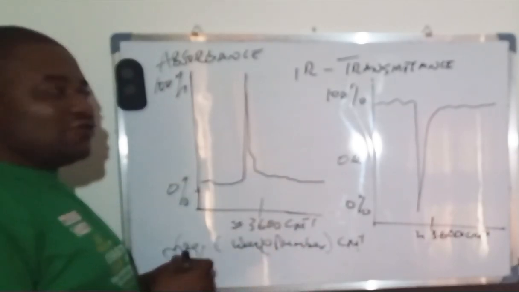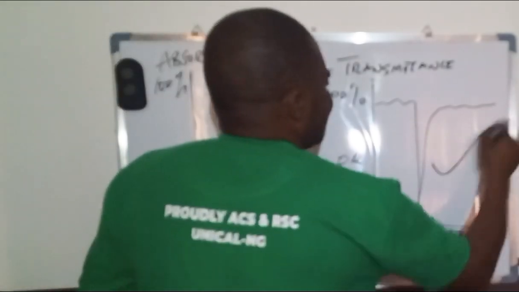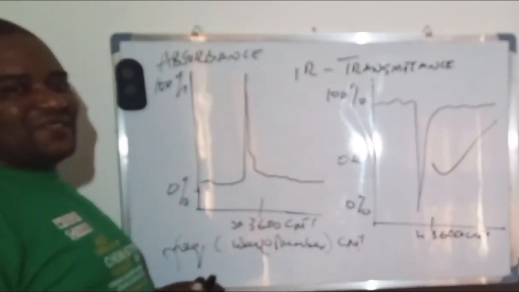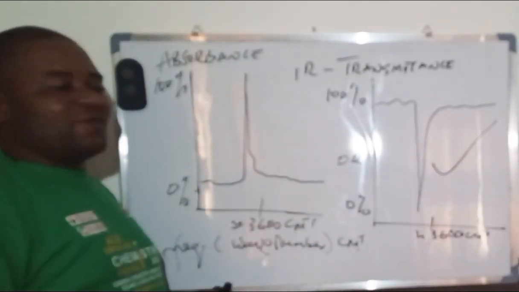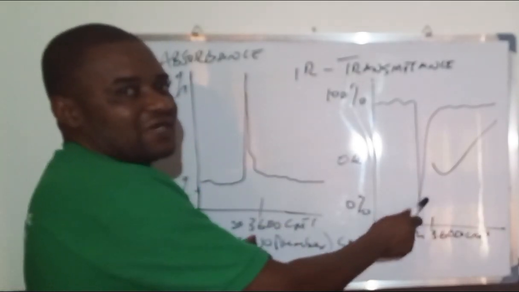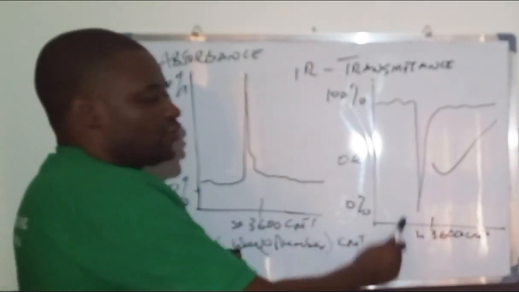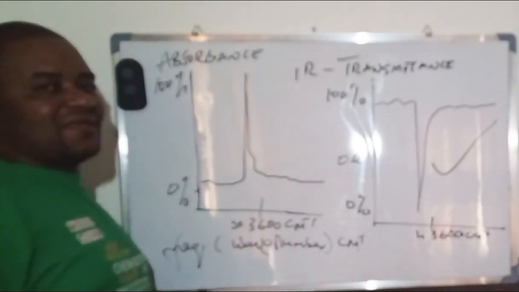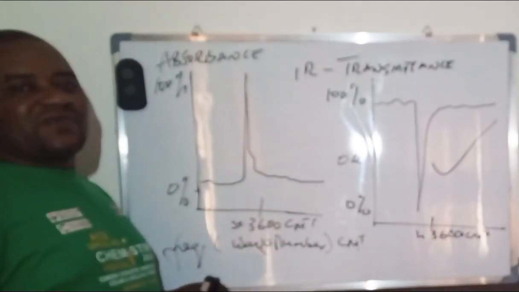But like I said, usually this is the one that is acceptable. So you can use this to read information, and this is simply a peak, or you can call it a band. There are multiple bands depending on the intensity of transmittance.